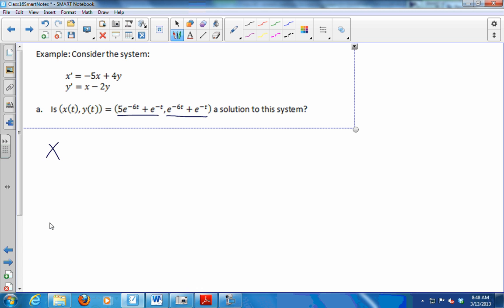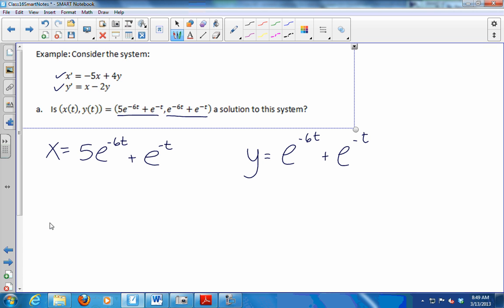So I'm going to write x equals 5e to the negative 6t plus e to the negative t. Y equals e to the negative 6t plus e to the negative t. So those are my 2 functions, x and y. Those are my candidates for solutions. Both of these 2 equations have to make my differential equations true.